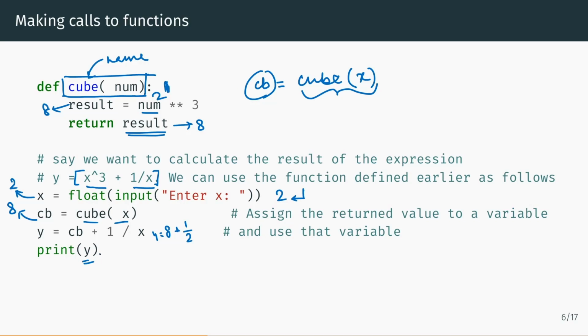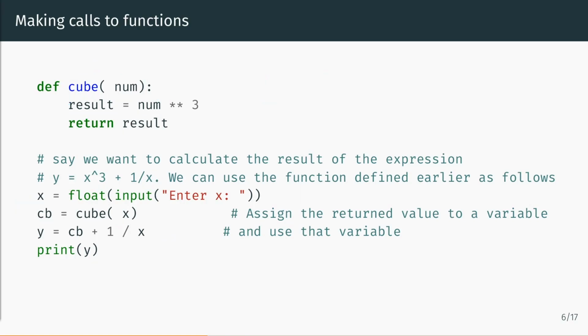The best way to reason about the program when you call a function is, you just replace the variables with their values. Initially, x would be whatever the user enters, so let's replace x with 2.